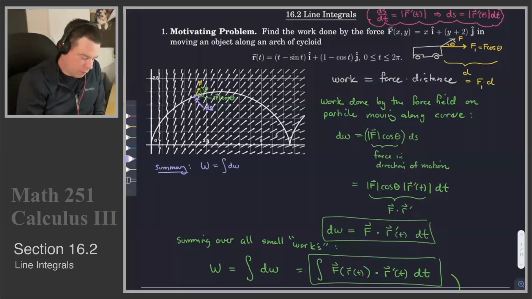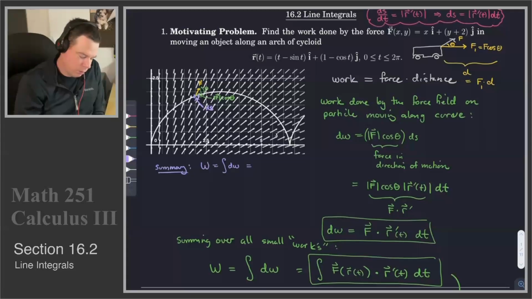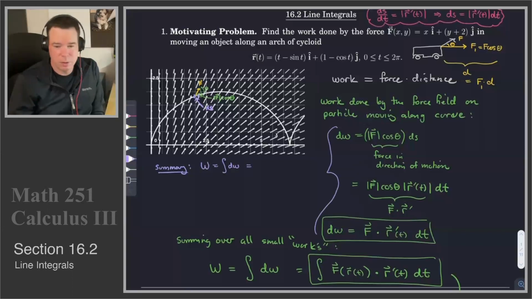And so if we assume that the force is constant over that little segment, then we can work out what the little dW is. It's just the constant force applied over the distance traveled. And that's what we ended up working out in this part here. We said, well, the little work element that's done is just the force in the direction of motion times the distance it's traveled.